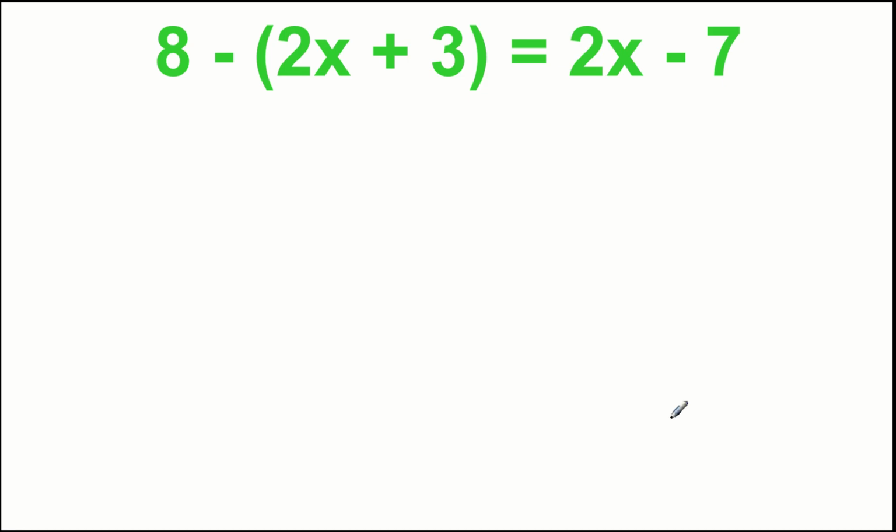When you distribute here, that's a negative 2x, that's a positive 2x. The coefficients aren't the same. If the coefficients aren't the same, then you have a solution. Brian, what you got? It is 3.